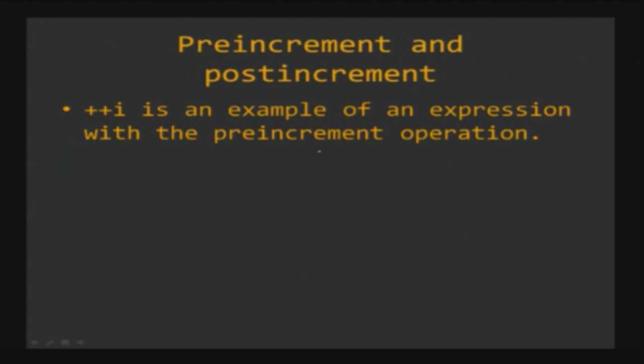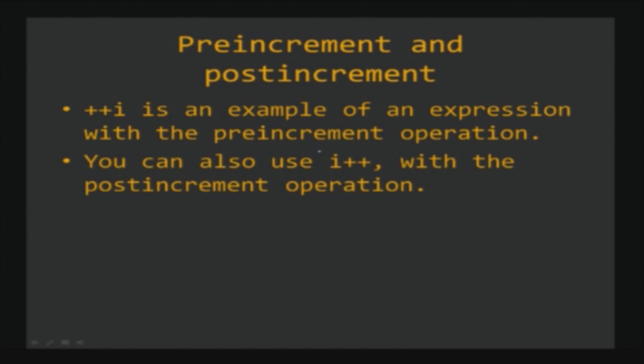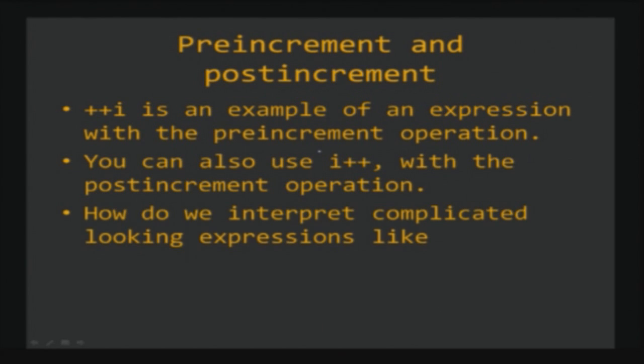Now, there is also the post increment operator. Plus plus i is an example of an expression with the pre-increment operation, and you can also use i plus plus, which is known as the post increment operation. And the confusing thing is, how do we interpret fairly complicated expressions like the following.